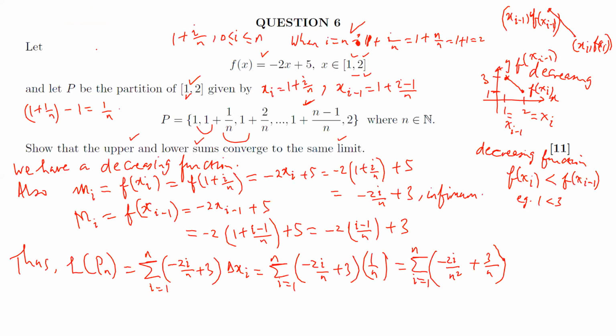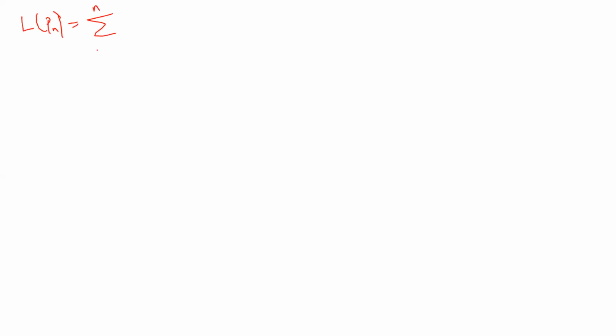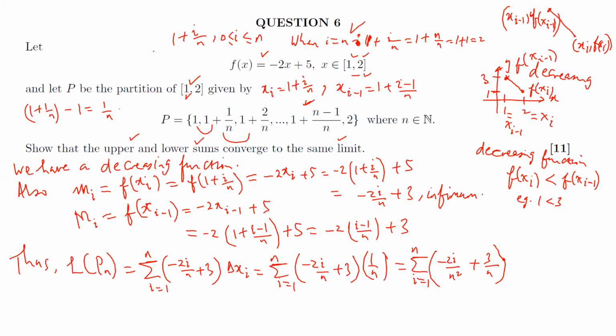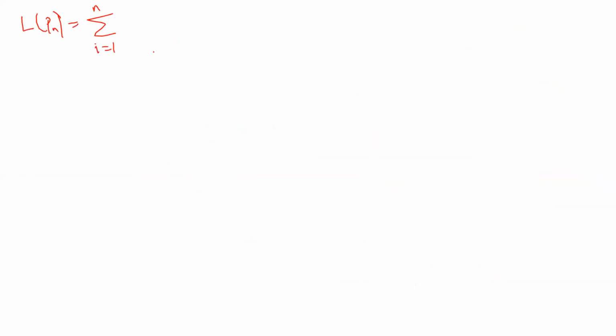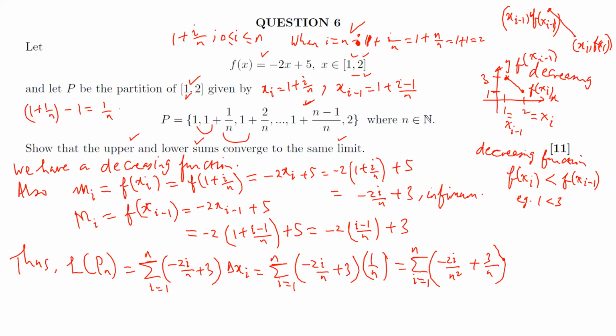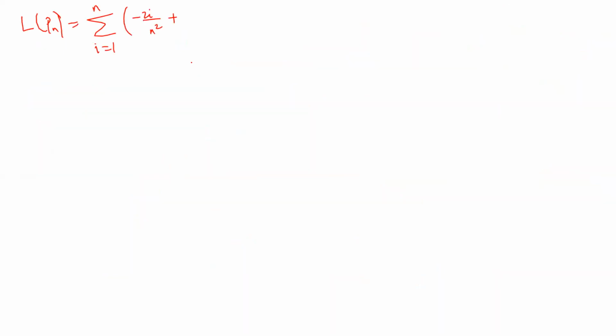L_n, which is the summation, i equals 1. Then I'm just copying this one. Minus 2i over n squared, plus 3 over n.